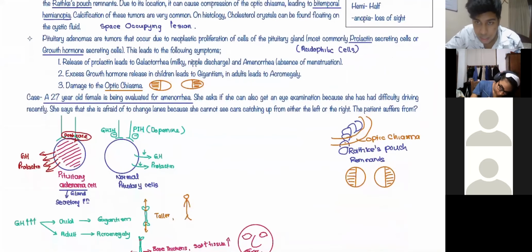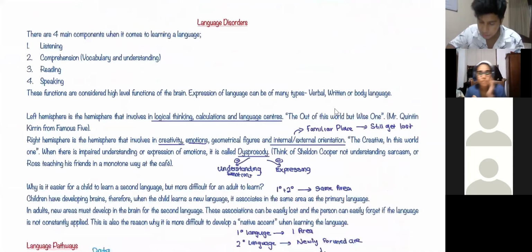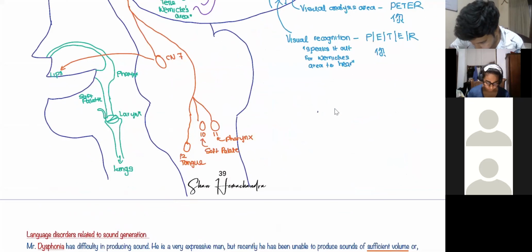The other question was, for a left-handed person, is it the reverse of what we studied? The only thing that is different is the Broca's area and the Wernicke's area is on the right side. Wait. I told you guys, all right-handed people, they have their Broca's and the Wernicke's on the left hemisphere.